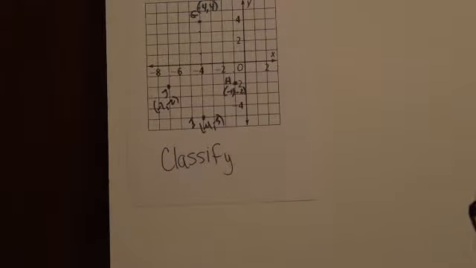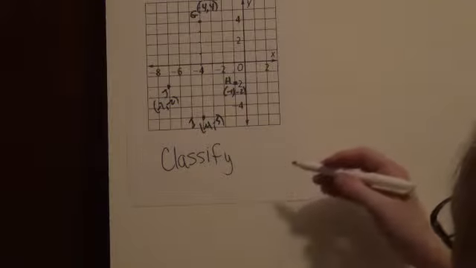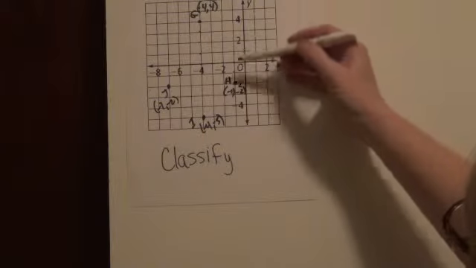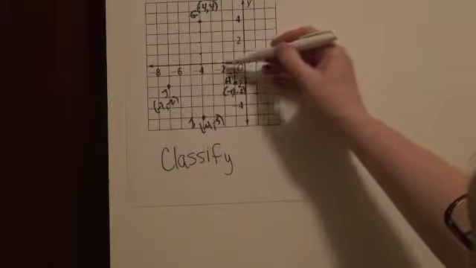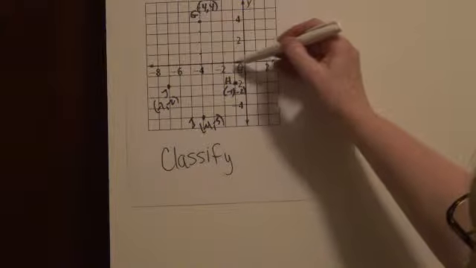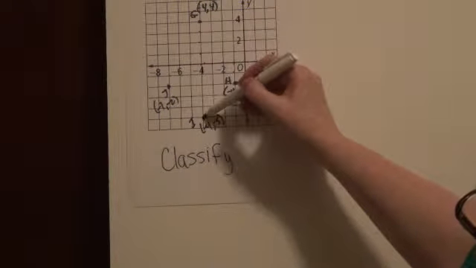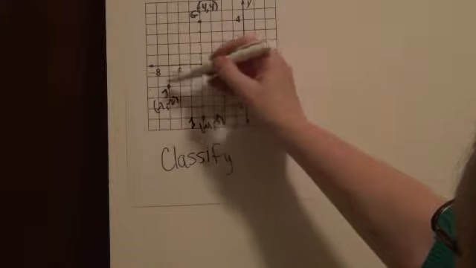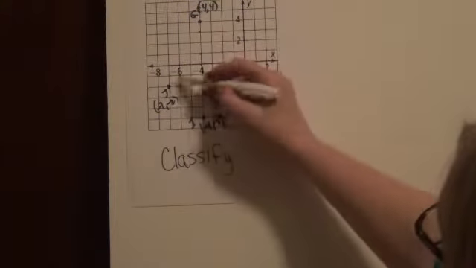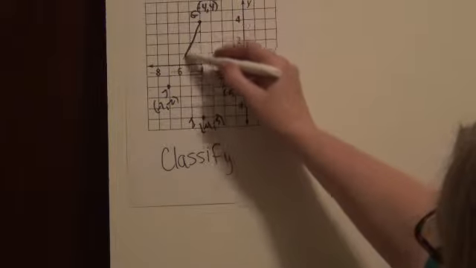So double check those points. Make sure that you've filled in your points properly. Let me double check here. I have -4, +4, -1, -2, -4, -5, and -7, -2. Okay? And they connect the dots here in order.